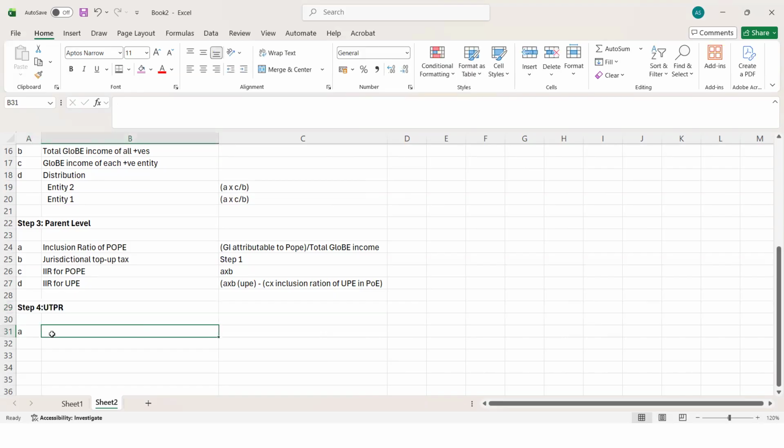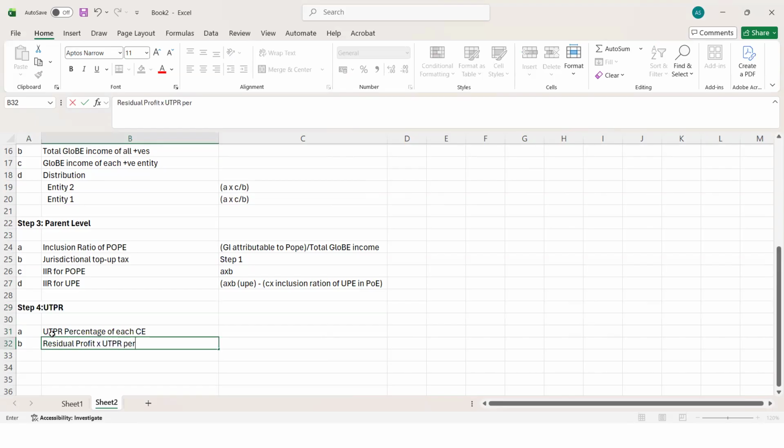We will find the UTPR percentage of each CE which has a qualified UTPR percentage. And then what we do, the excess or residual profit, we will multiply with the UTPR percentages. So we will know which entity pays how much.